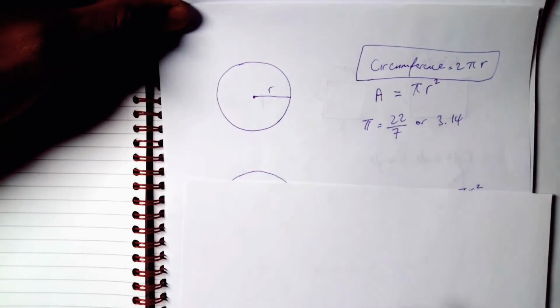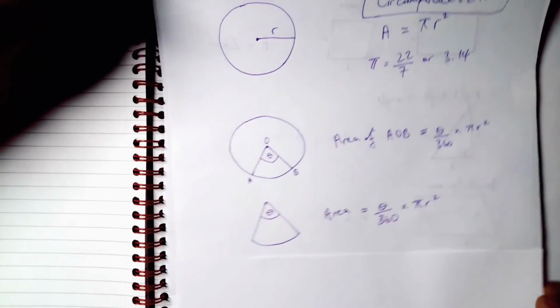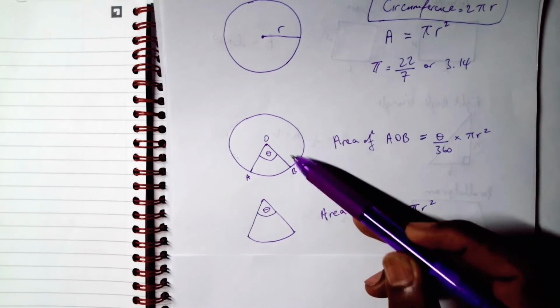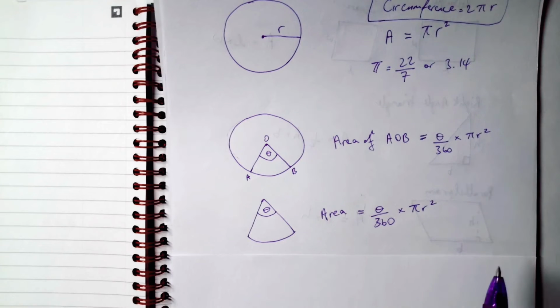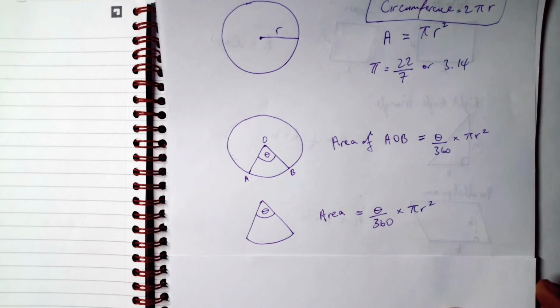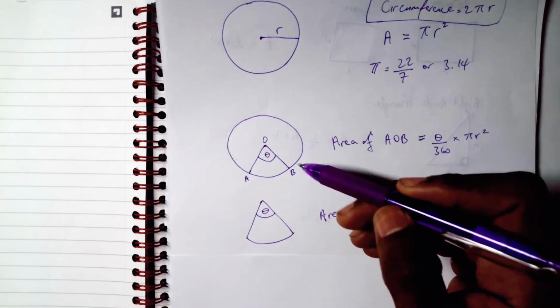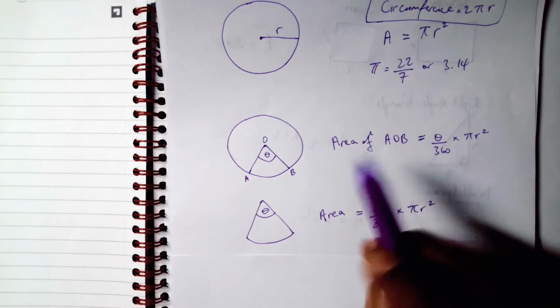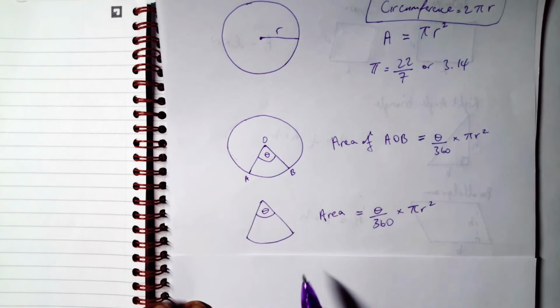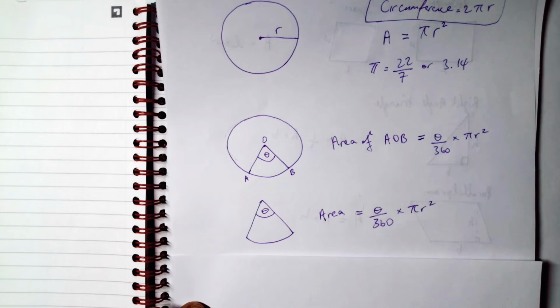Okay? And here we are. This and this is the same. But when you're doing questions, they may be represented to you in different ways. So I drew both ways in which this can be drawn. And what we have here is called a sector.